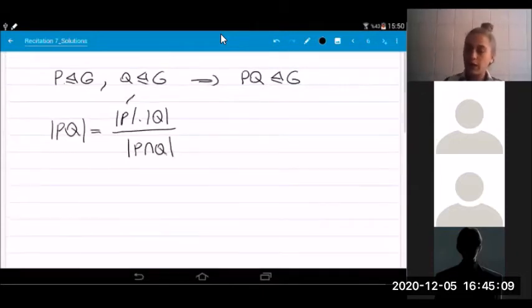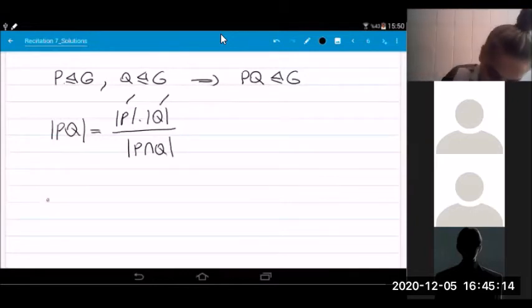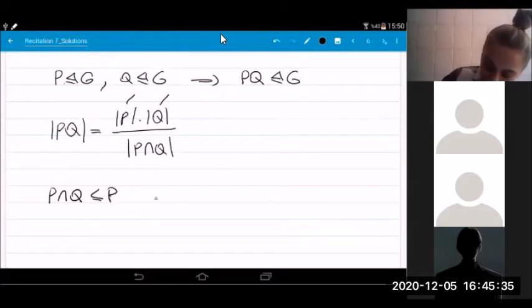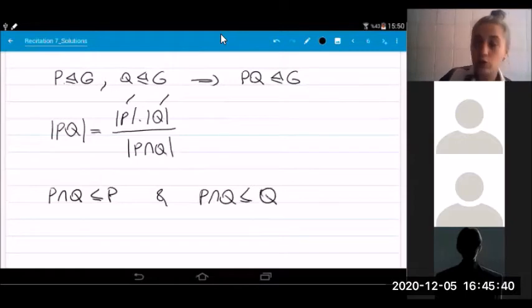We know the order of P and the order of Q. What about the order of the intersection? It is 1. Why is that so? Because P intersection Q is a subgroup of P, which is a Sylow 7 subgroup, and also a subgroup of Q, which is a Sylow 31 subgroup.